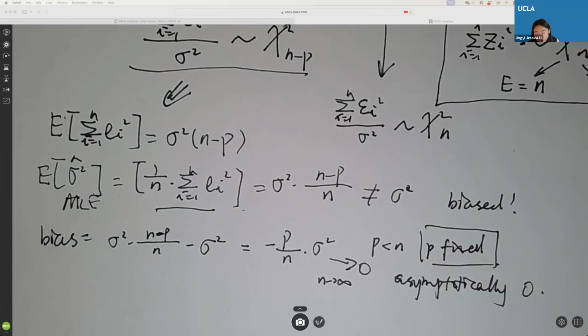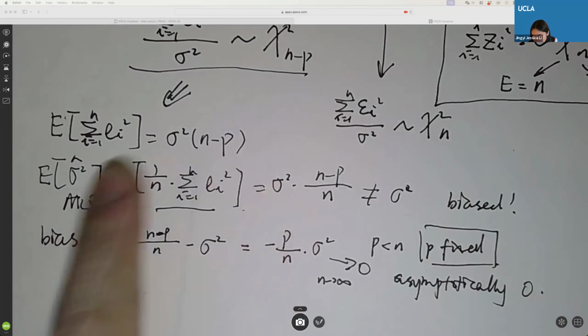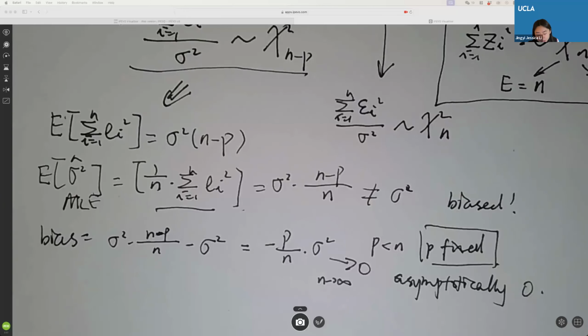But if you have a finite sample, that is, n is finite, it is biased. So that's another thing. And furthermore, with this formula, with the expectation calculated, we can easily create another estimator that's unbiased for estimating sigma squared, which is straightforward.